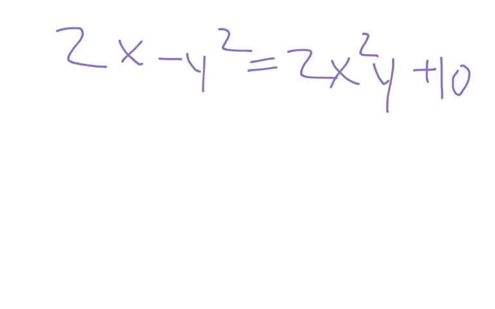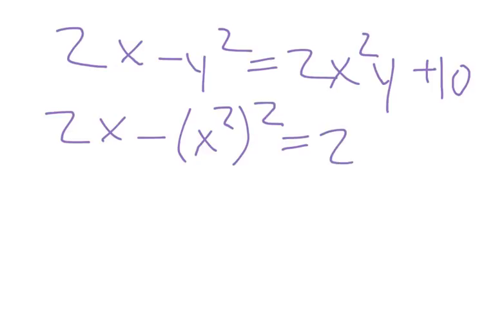So we're just going to plug in negative x squared for y. So it's going to be 2x minus (negative x squared) squared equals 2x squared times negative x squared plus 10.